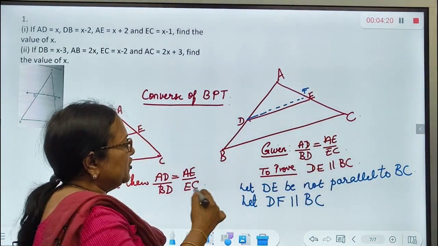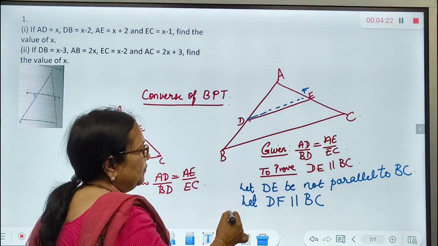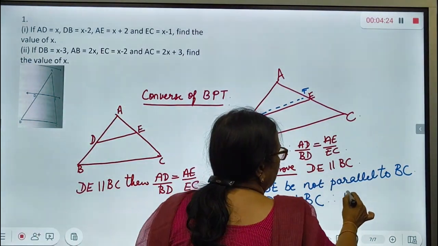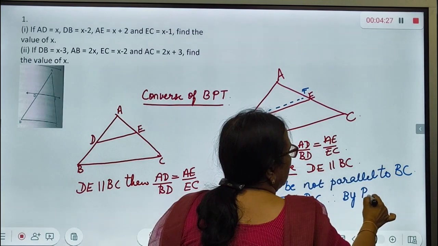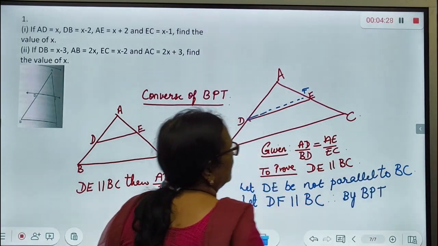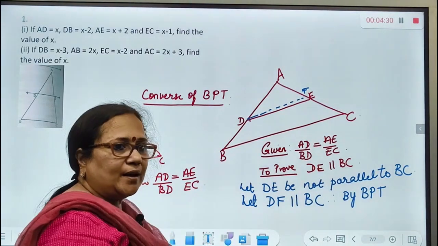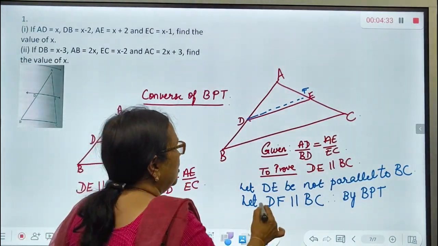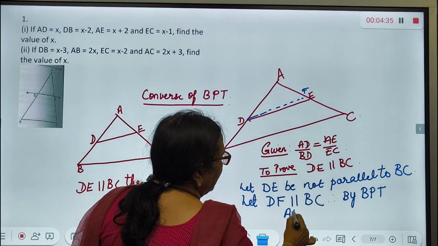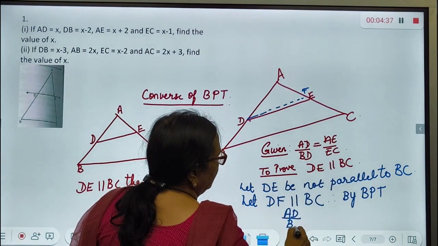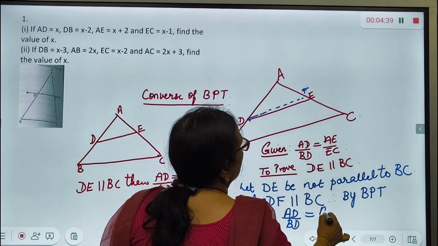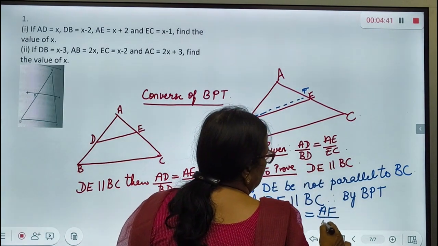Now, if DF is parallel to BC, then by the basic proportionality theorem, what will I get? AD by BD is equal to AF by FC.